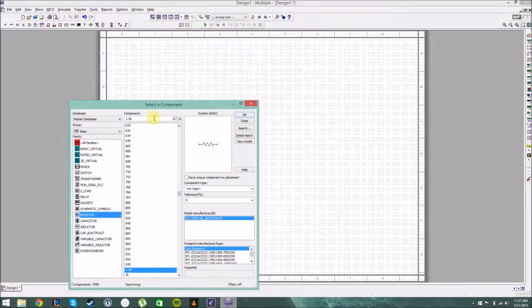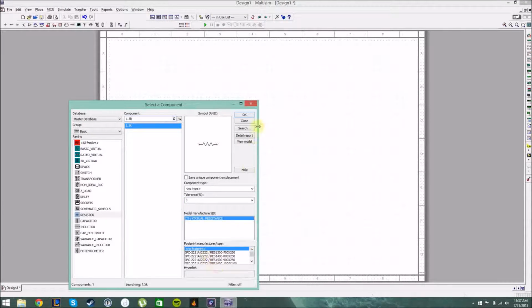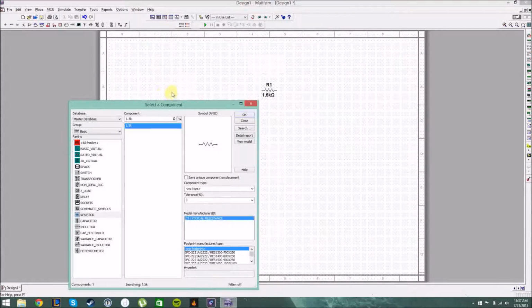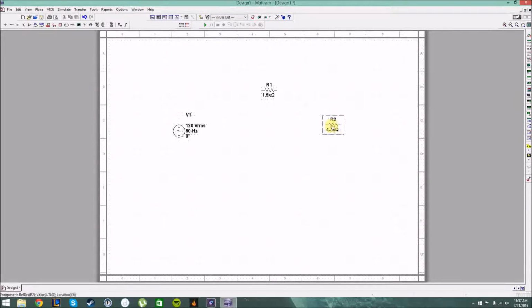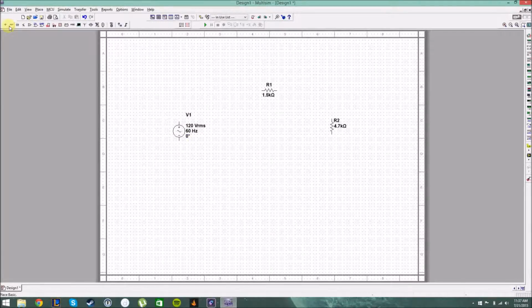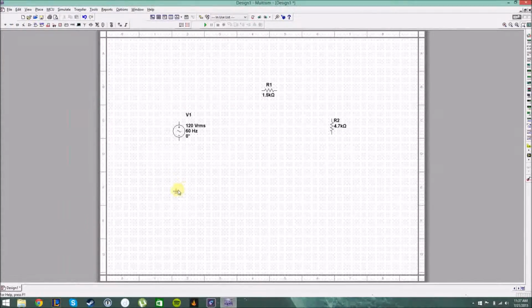And for resistor 1, we decided to use a 1.5K, and for R2 we decided to use a 4.7K. Go ahead and flip this, and then we just need the ground.